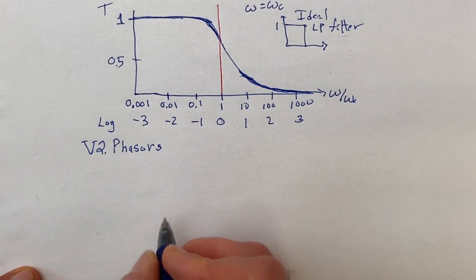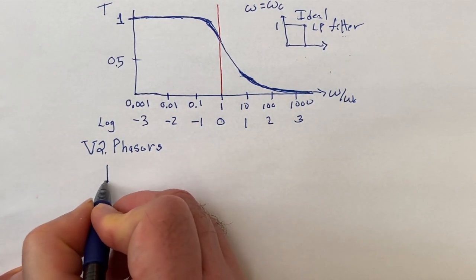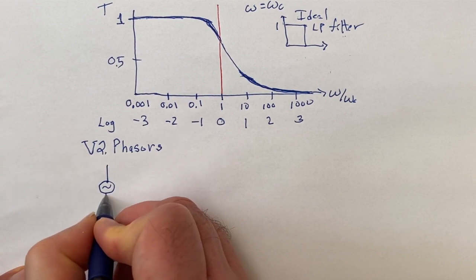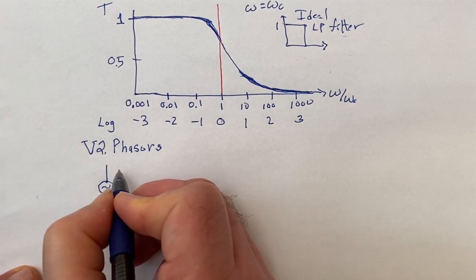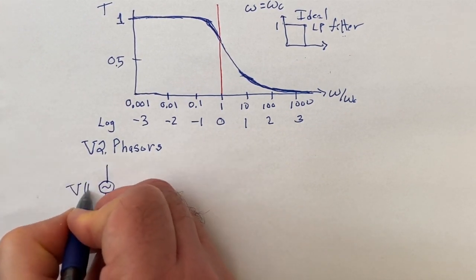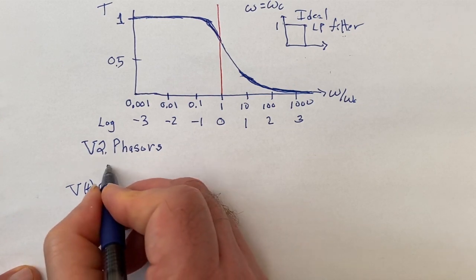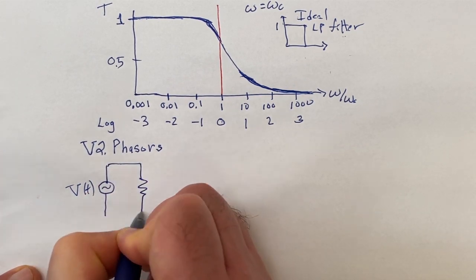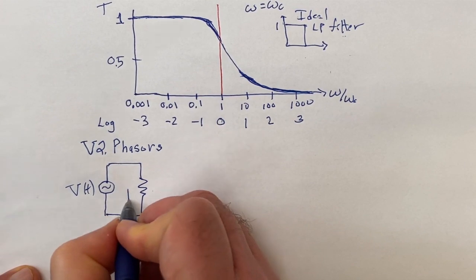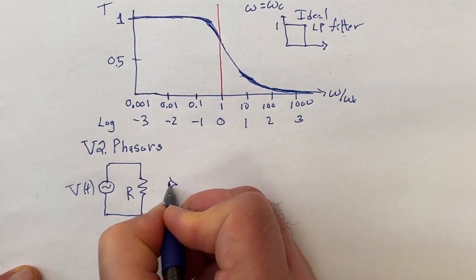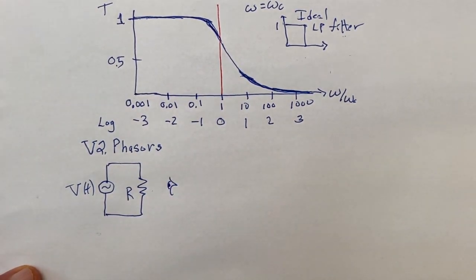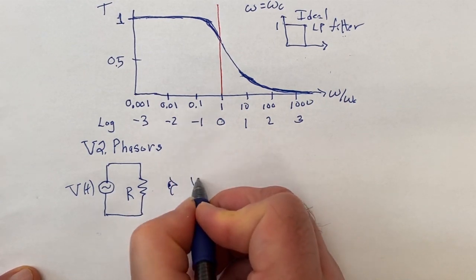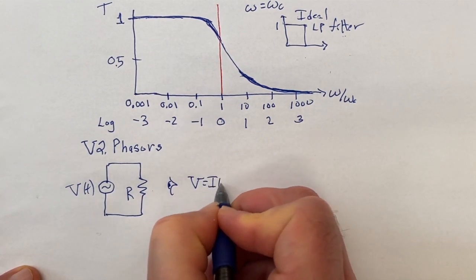All right? So let's look at what happens if you have a sine wave for the voltage, this V of t that's doing some sine wave. And you have a resistor here. And say you're looking at this electrically, then you're going to see V is IR.